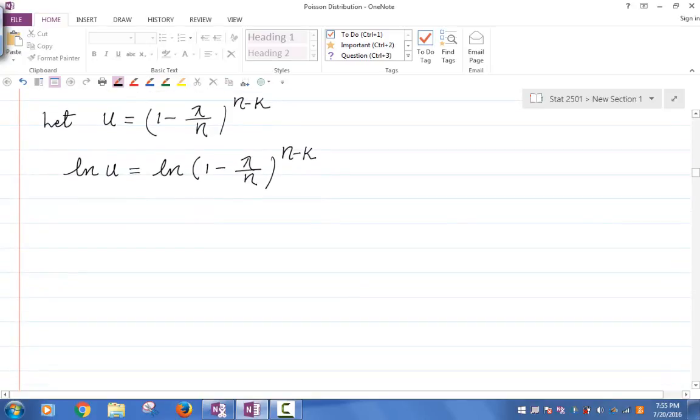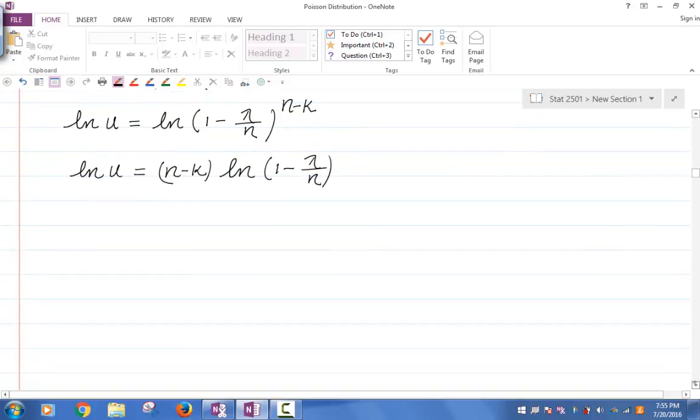We're going to use one of the properties of the logarithm to write the right hand side as n minus k times ln of 1 minus lambda over n.